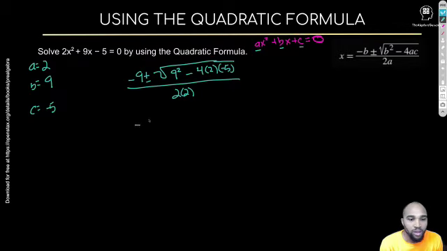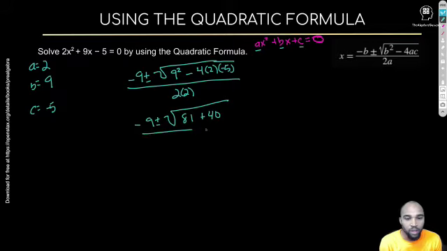So we have negative 9 plus or minus the square root of 81. Negative 4 times negative 5 is a positive 20. Positive 20 times 2 is 40, so we end up with a positive 40, because this negative times this negative gives us a positive, and all divided by 4.